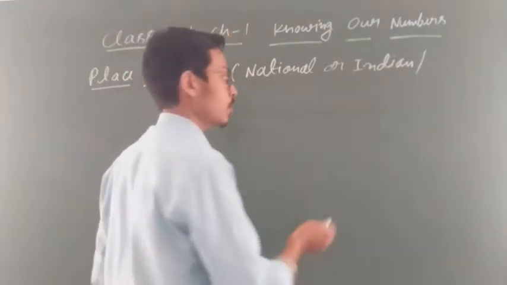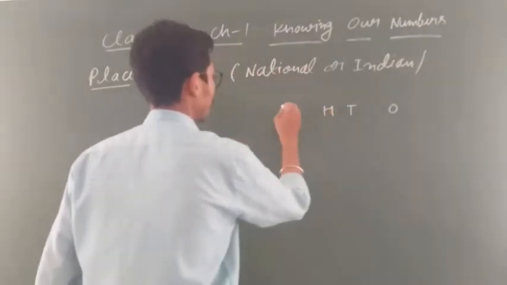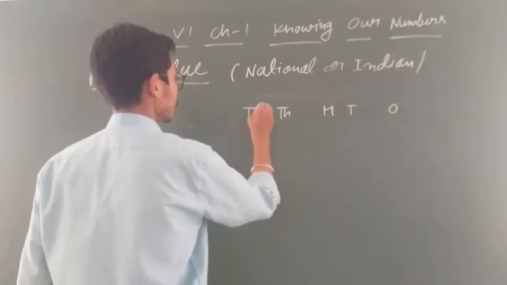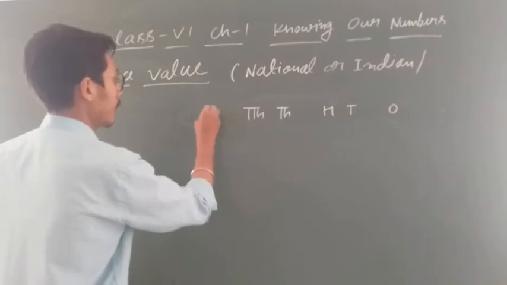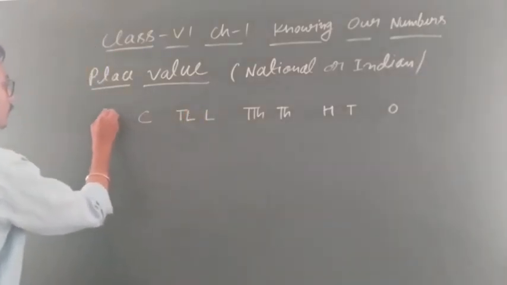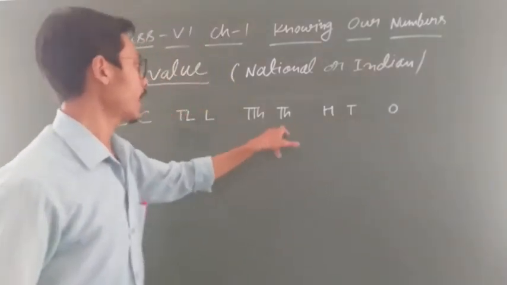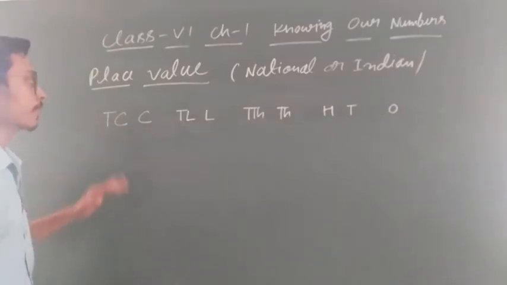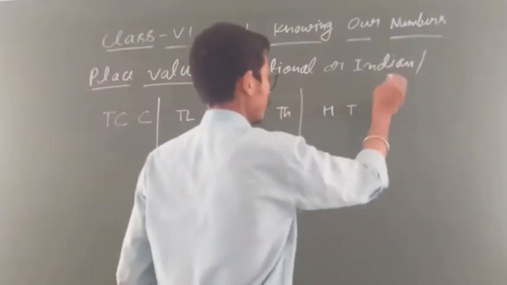It is given in your book. जैसे ones, tens, 100, 1000, 10,000, lakh, 10 lakh, करोड़, फिर 10 करोड़. ठीक है ना? This is our place value chart. On the basis of this you can write down the place value.